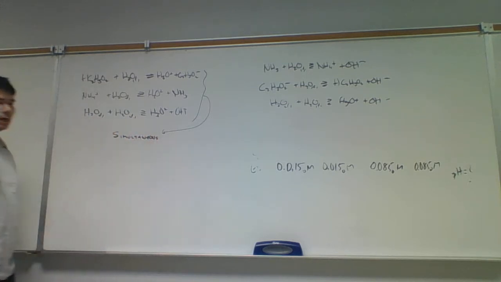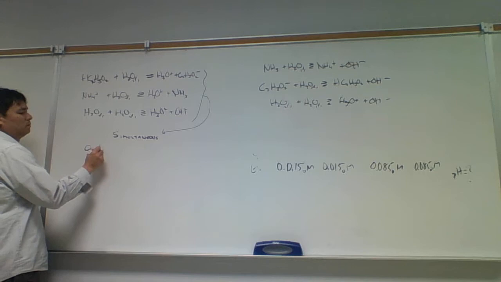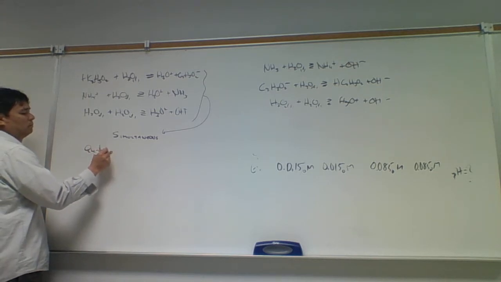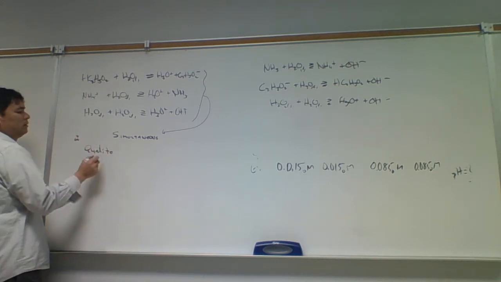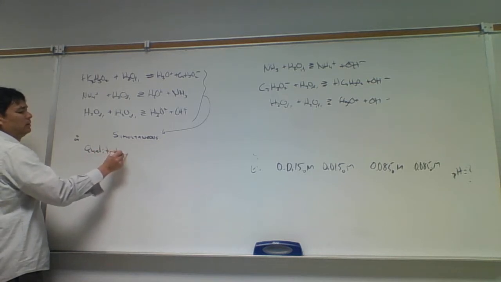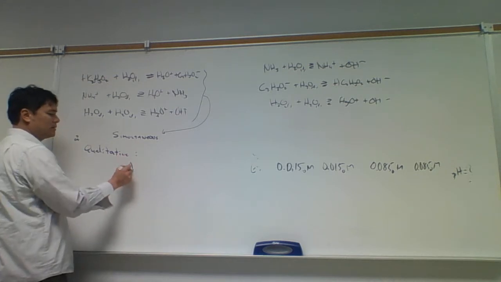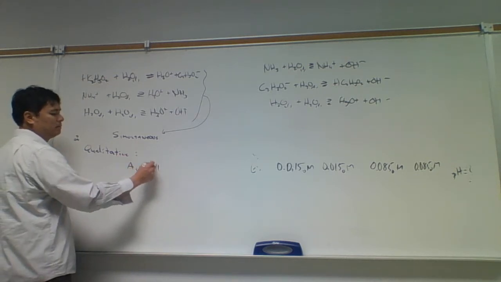Therefore, when we have a weak acid and a weak base that aren't related, it's going to end up being simultaneous. The only thing we can do is qualitative. Therefore, we just solve these qualitatively. Qualitative means it depends on the acid and it depends on the base.